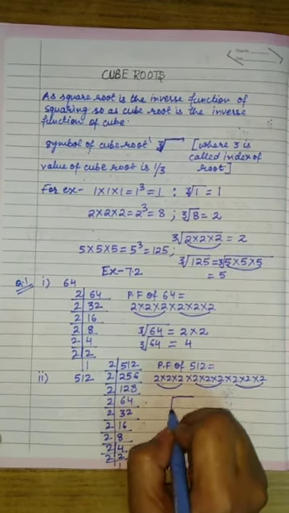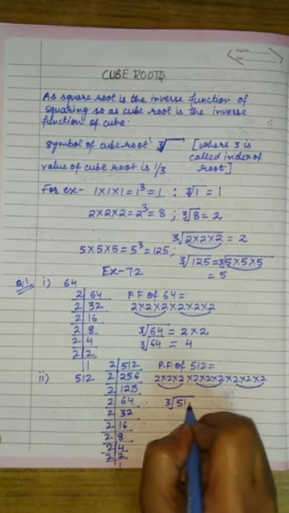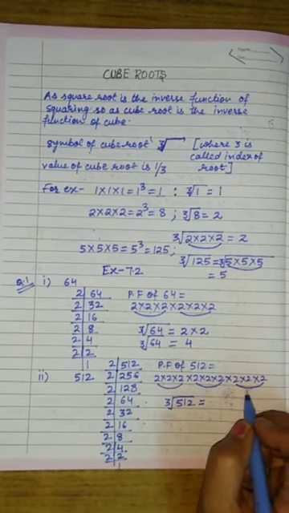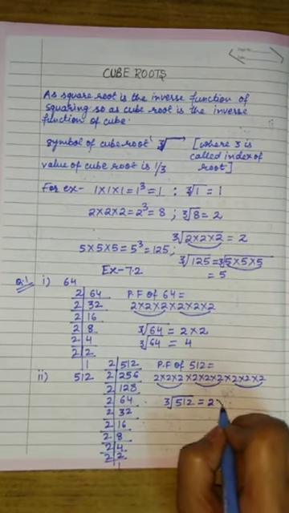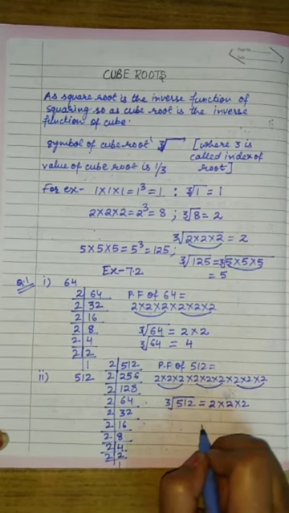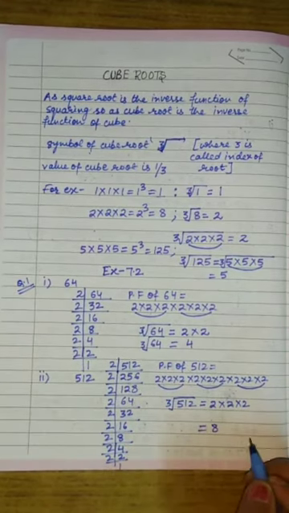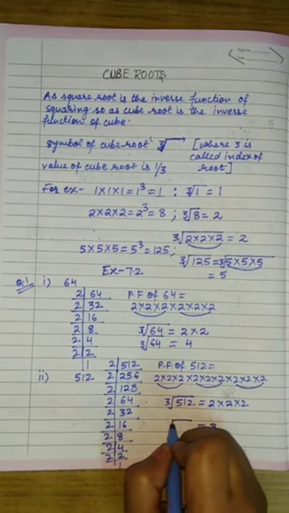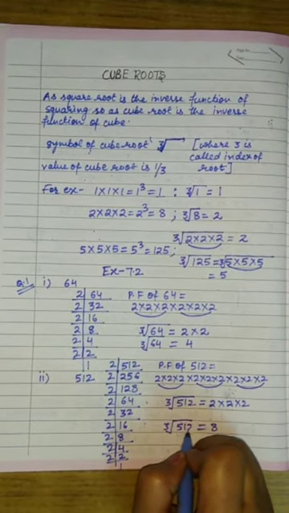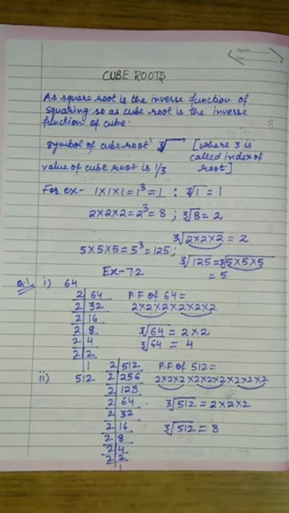So cube root of 512 is equal to, taking 1 from each triplet, we got 2 into 2 into 2 is equal to 8. So cube root of 512 is equal to 8.